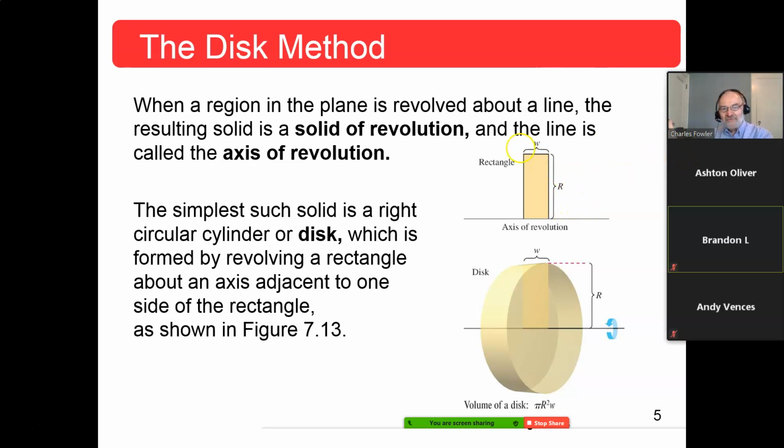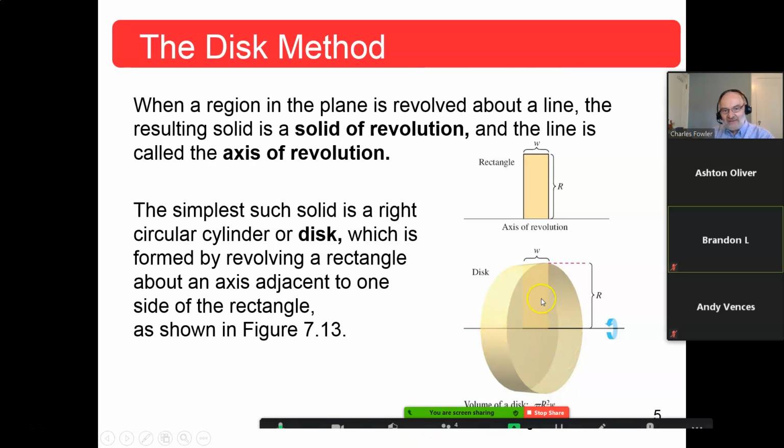And you're taking that line, and that line has some width to it, they're calling W, and you revolve that line around the axis of revolution. That could be the x-axis, it could be y is equal to 7 or y is equal to -3 or anything like that, to give you that as your radius. Revolving this line around that axis, you form a disk.